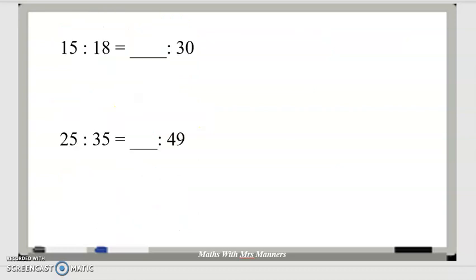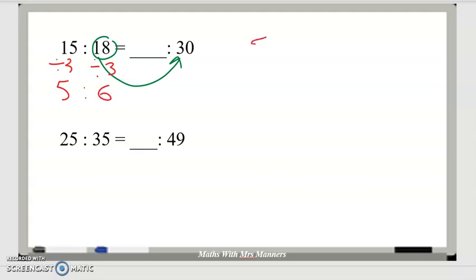The only way to make this harder would be where it's hard to work out how to link the parts. For example, in this case we've got 18 and 30, and I can't think off the top of my head of a number that I can multiply 18 by to get 30. So what you can do is reduce your ratio. If I take 15 and 18, the highest common factor is 3, and that gives me a ratio of 5 to 6.